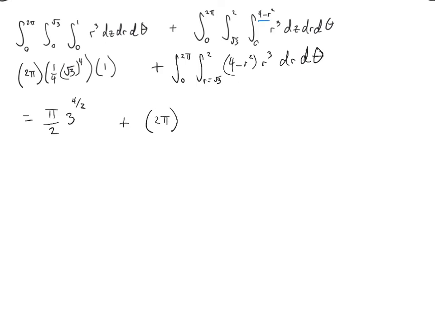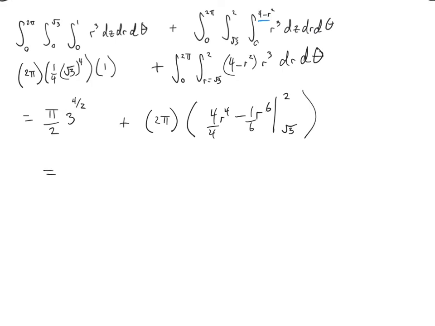And for r, I'm getting 4r cubed minus r to the 5th before integrating. So that's going to be 4/4 r to the 4th and 1/6 r to the 6th, evaluated from radical 3 to 2.